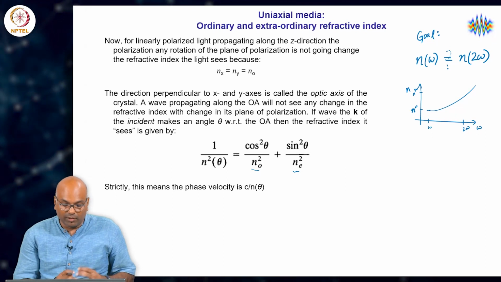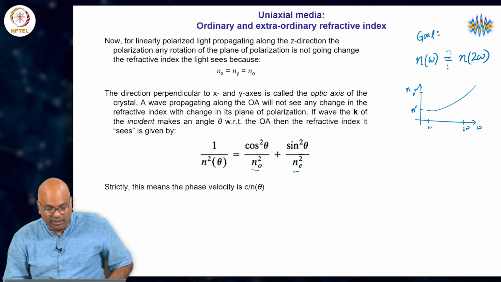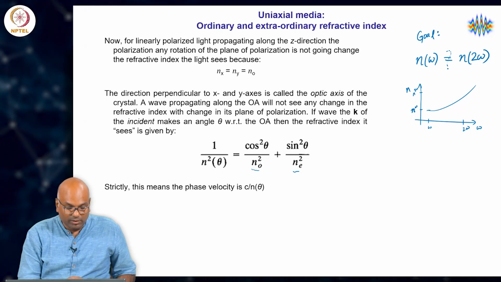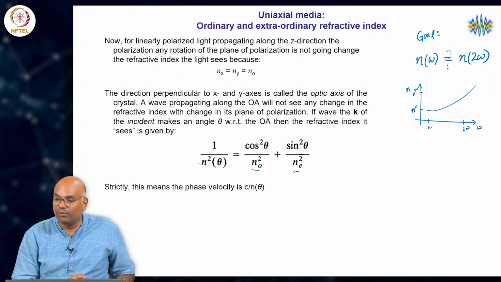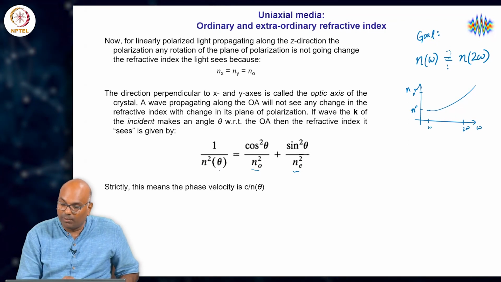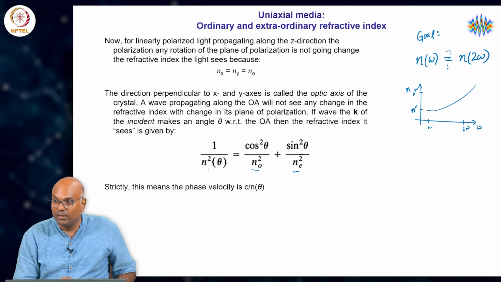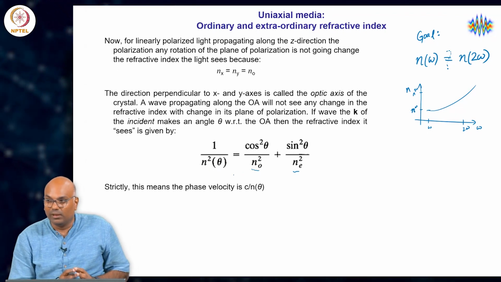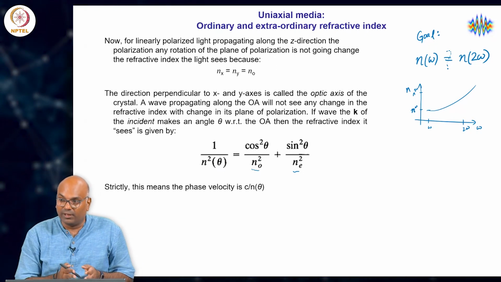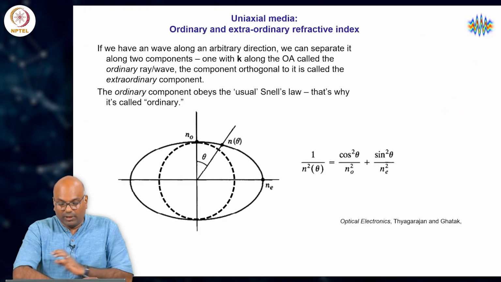You can set a condition where the cosine of theta goes to 0 by having the propagation vector k at an angle 90 degrees to the optic axis, then n of theta is equal to NE, whereas if the k vector of the beam is parallel to the optic axis, then n of theta is equal to NO. So, we have a way to tune the refractive index of relevance to the beam by tuning the propagation vector in this case, or equivalently the direction of linear polarization of the wave in the crystal, right.